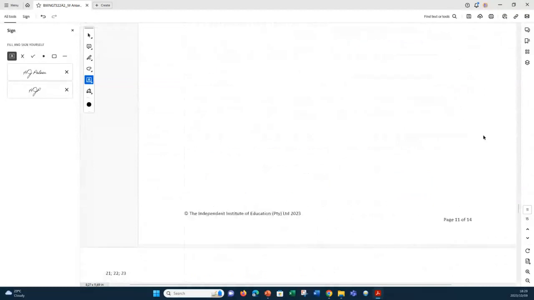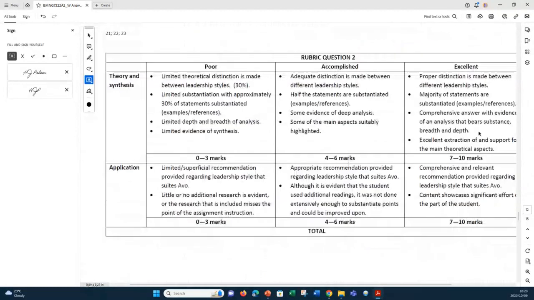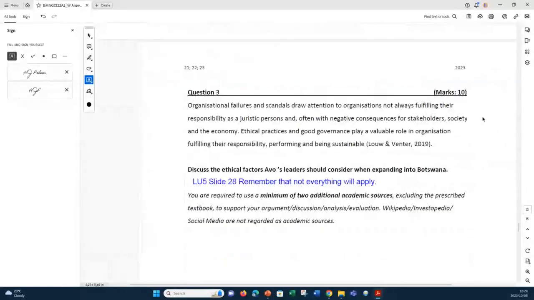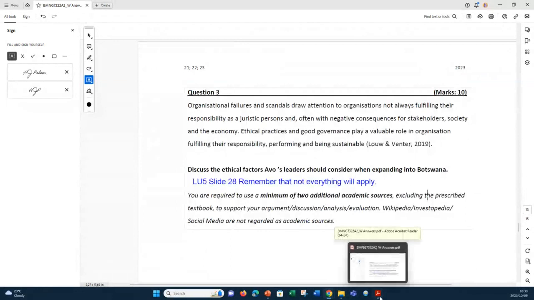Perfect. And again, you can have a look at the rubric. And then question 3. This is one where we've had problems with in the past. I've put Learning Unit 5, slide 28.